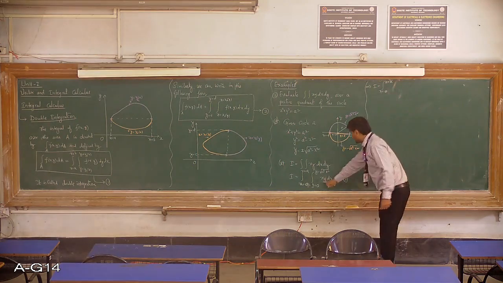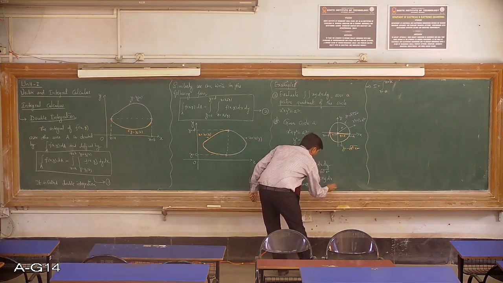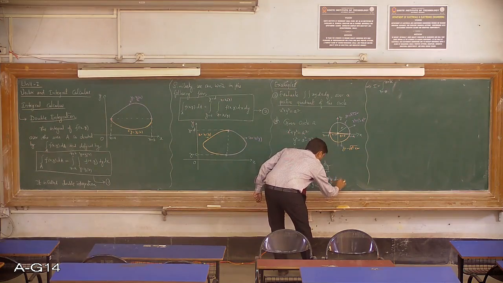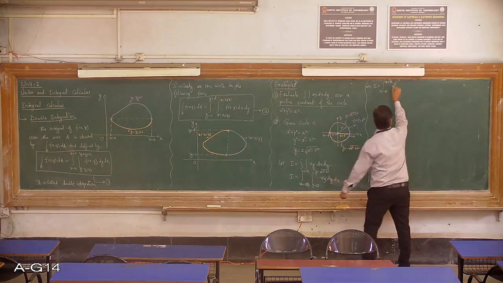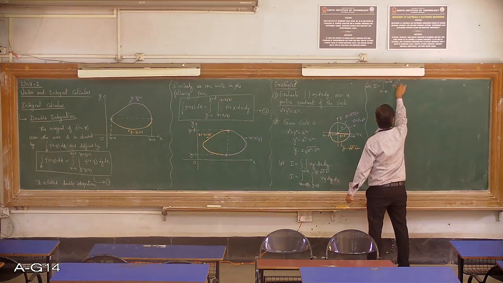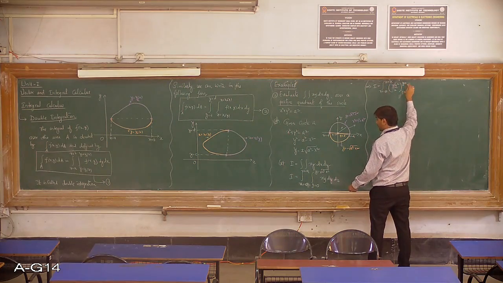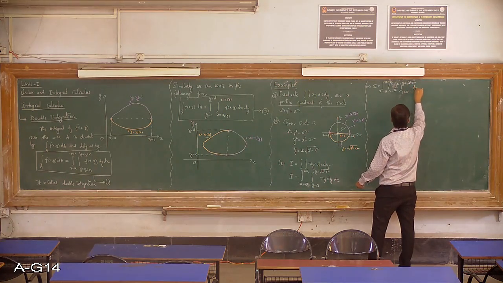Now we have to integrate this, first it is dy into dx. With respect to y we have to integrate xy. So x will be as it is, y becomes y square by 2, and this is from y is equal to 0 to y is equal to square root of a square minus x square, into dx.